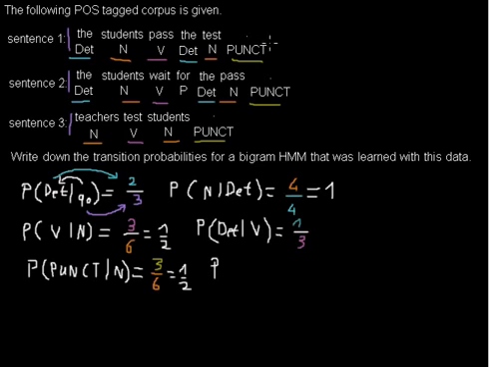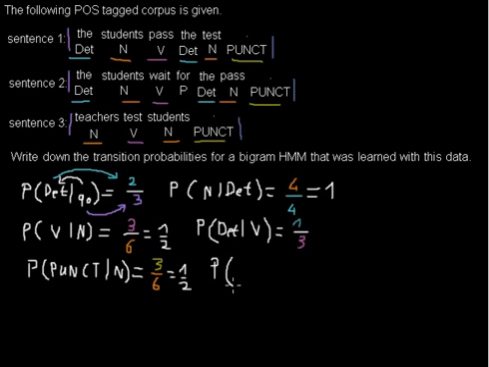And after the punct, we have the end of the sentence. Here, here, and here. And as you can easily see, every time we have a punct, we have the end of the sentence behind it.